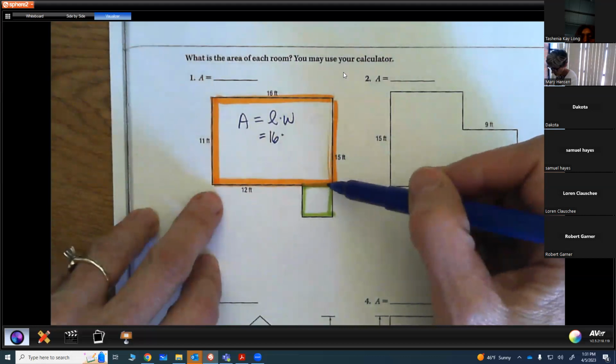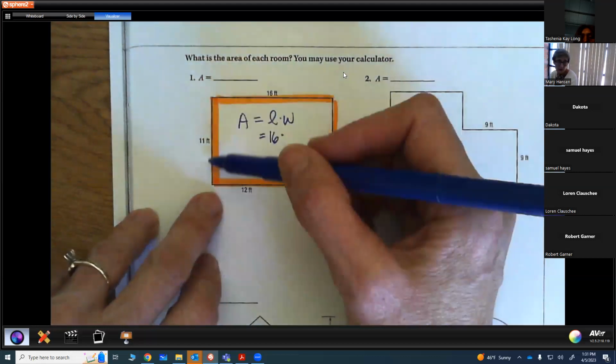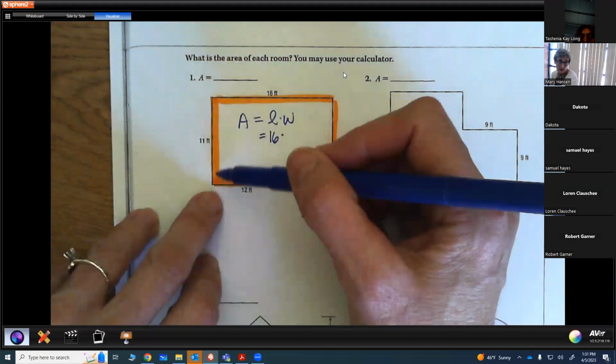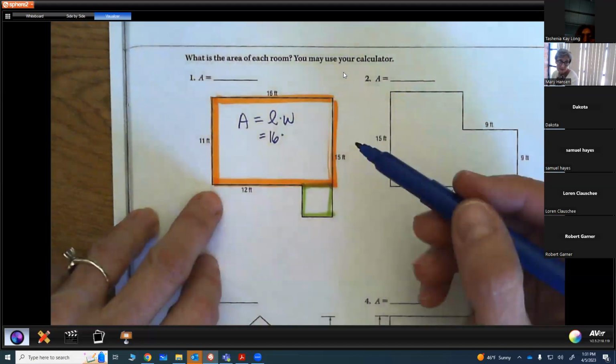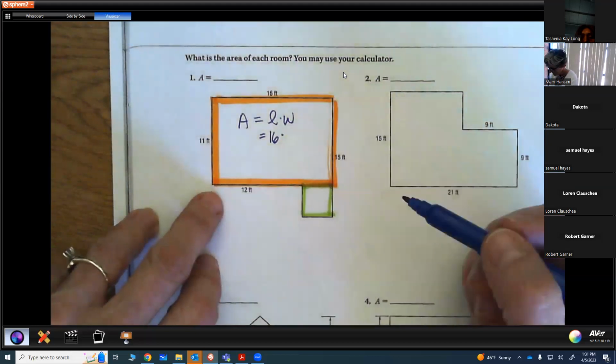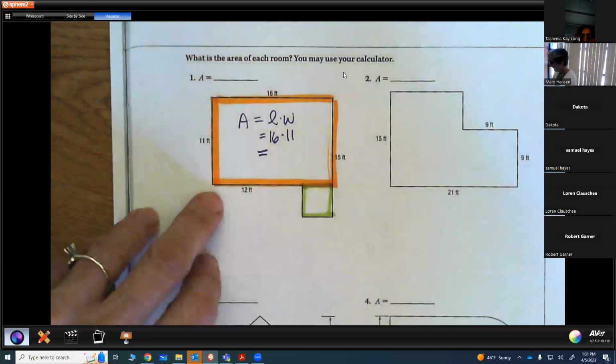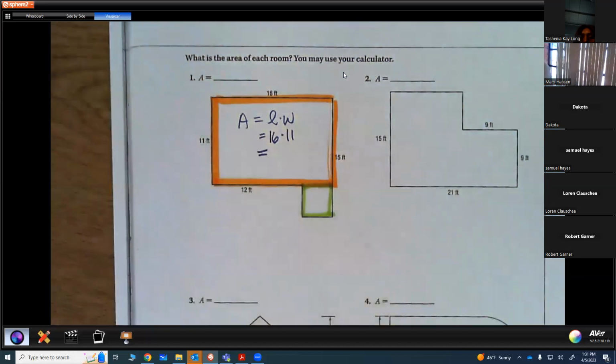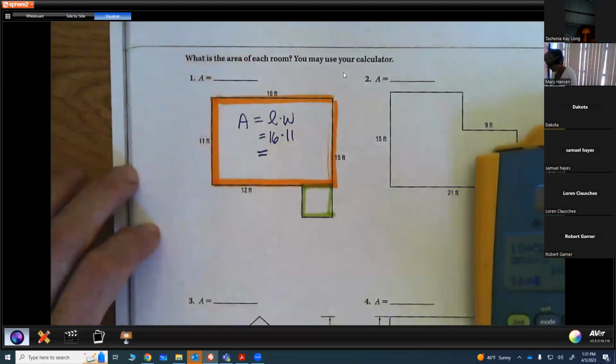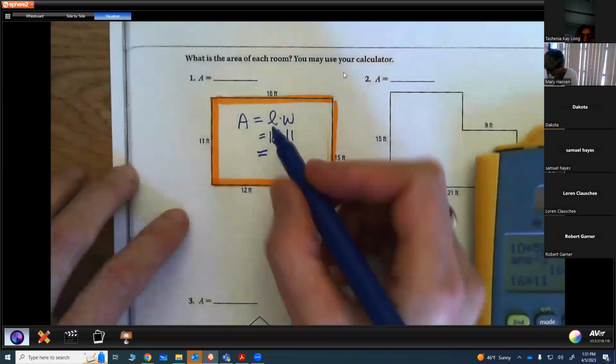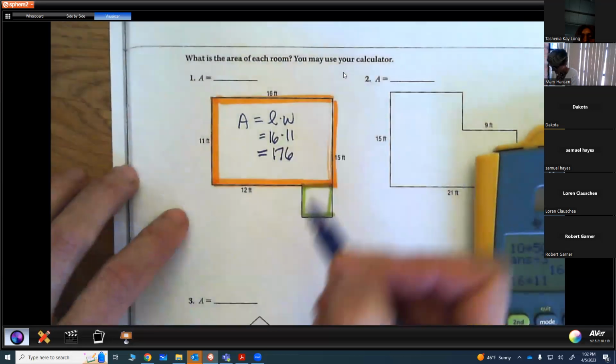Curtis is suggesting 11 would be a better choice for the other number. Do you see that? Yeah. Okay. And so to find the area of the rectangle, we're going to take 16 times 11, and we get 176 square feet.